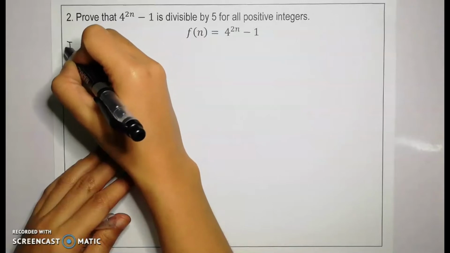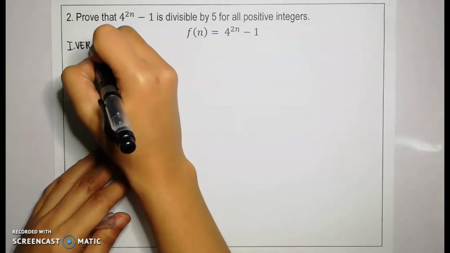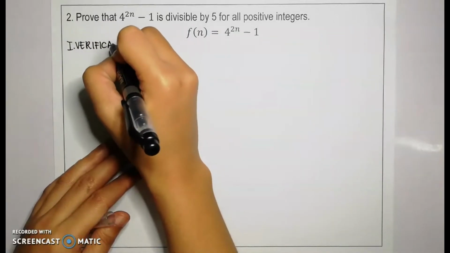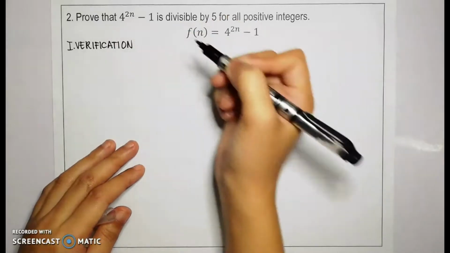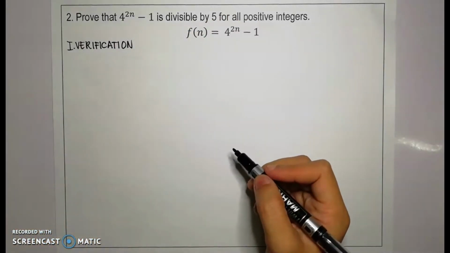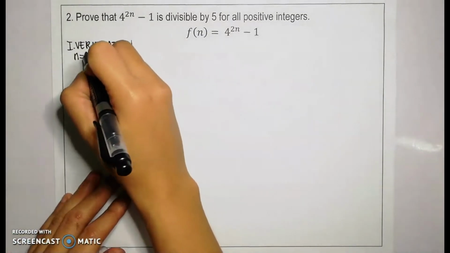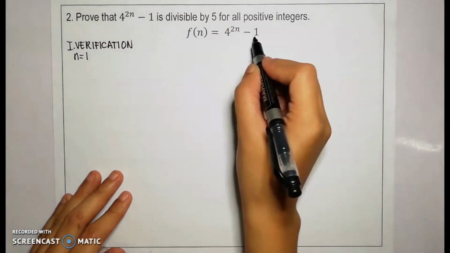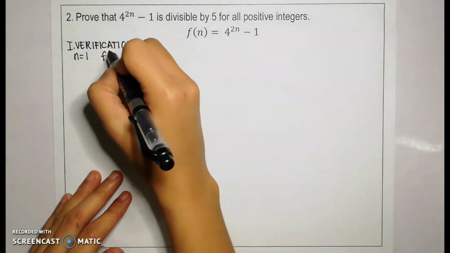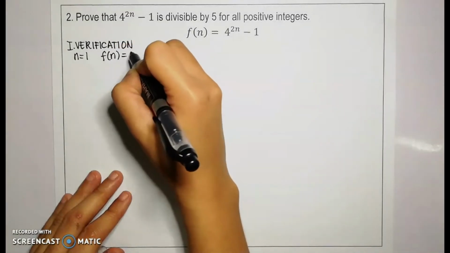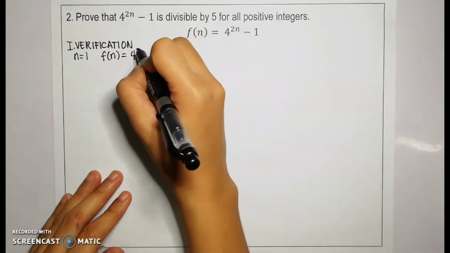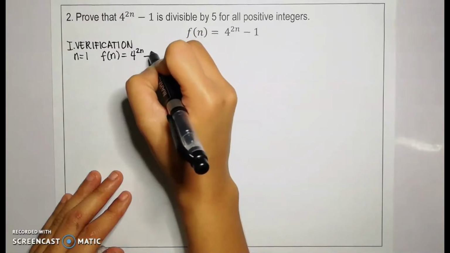We need to verify that f of n equals 4 raised to 2n minus 1 is divisible by 5 when the value of n is equal to 1. So we have n equals 1. Let's copy the function.